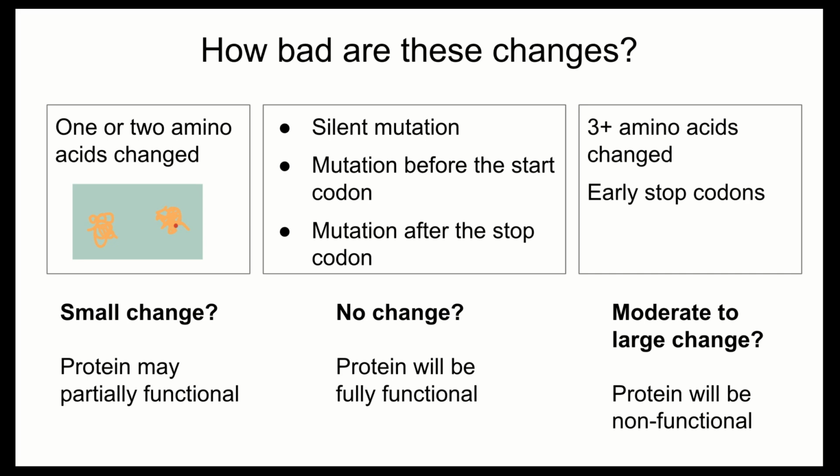That is a change of 3 amino acids or more. Also, early stop codons. Both of those count as moderate to large changes. And in those cases, the protein will be non-functional. You can pretty well assume that with 3 or more amino acids changed or an early stop codon where we're just missing a chunk of the protein, it will not be functional.